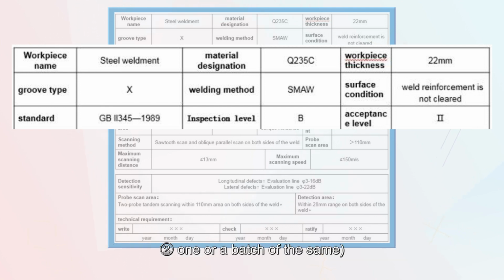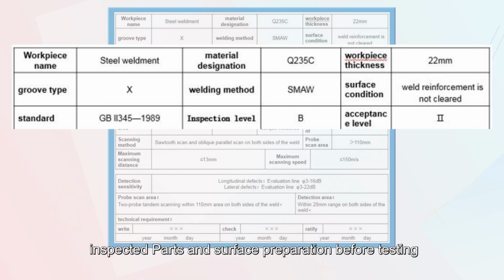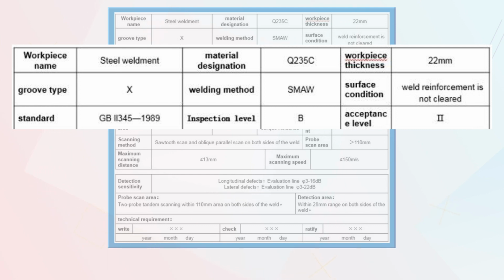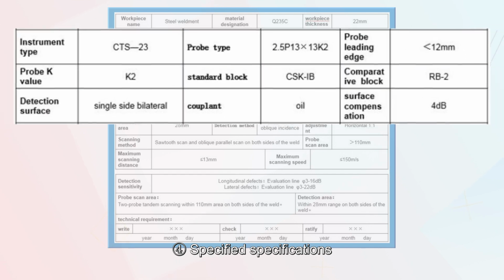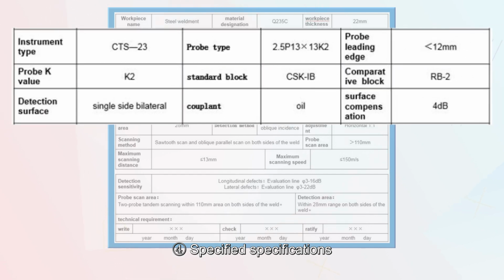One or a batch of the same inspected materials or workpieces name, product number or batch number, inspected parts, and surface preparation before testing. 3. Acceptance criteria. 4. Specified specifications, models and numbers of ultrasonic detectors, probes, reference blocks, couplant, and auxiliary equipment.